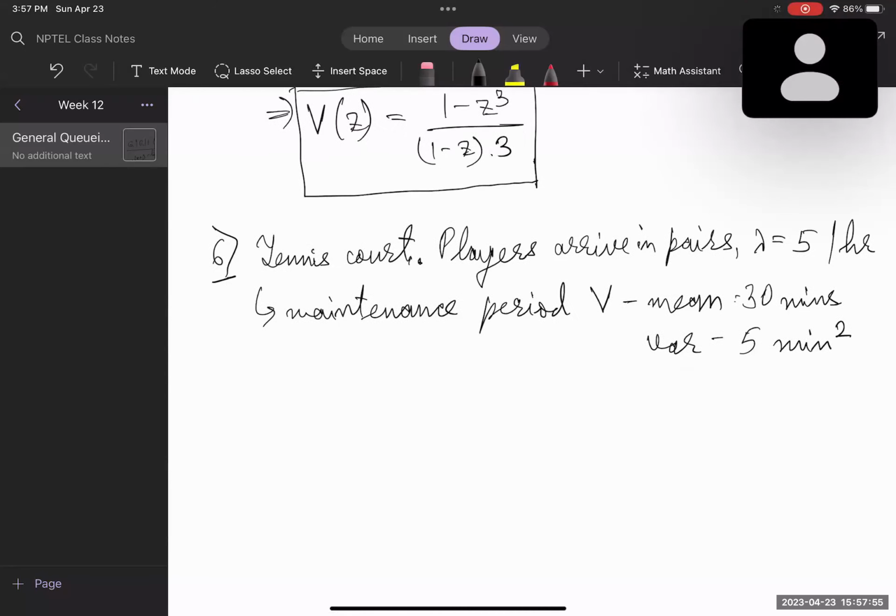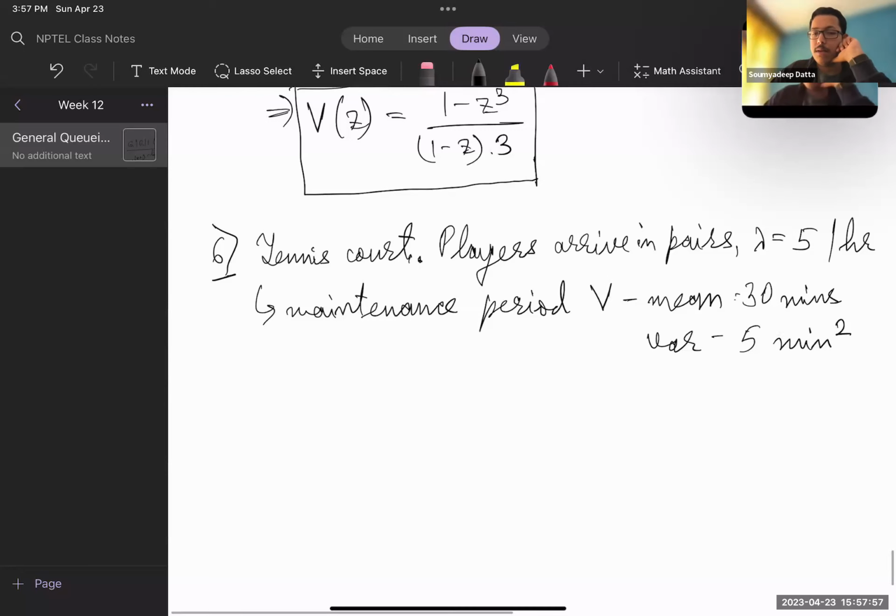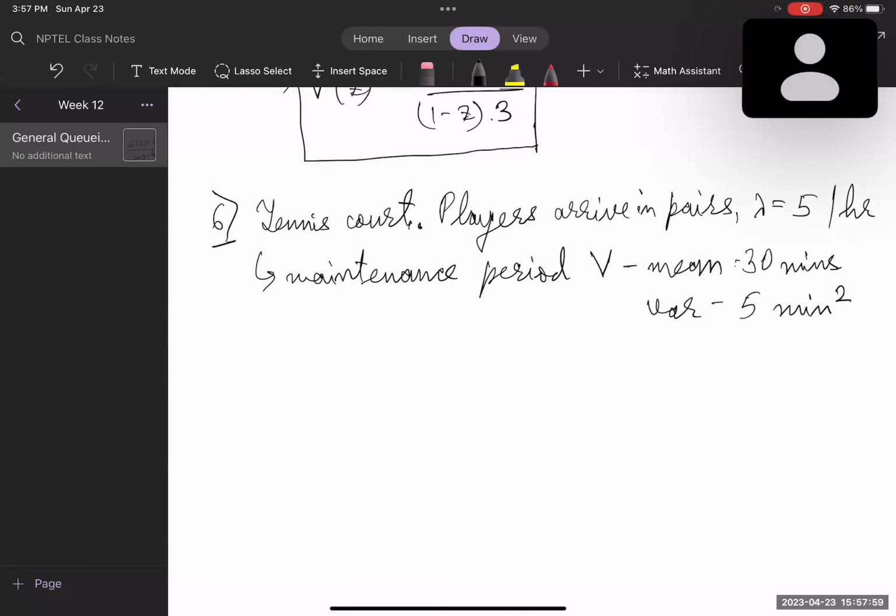So this is how the maintenance period is distributed. It's exponential with this mean and this variance, right?